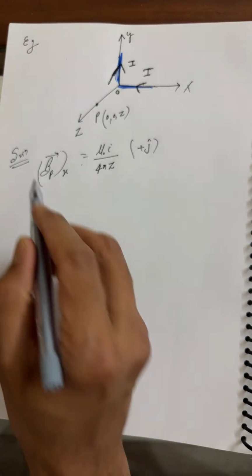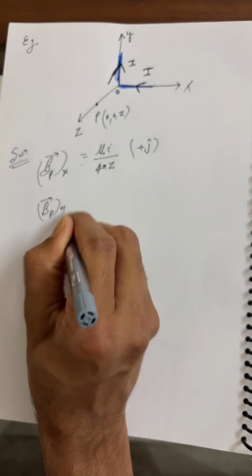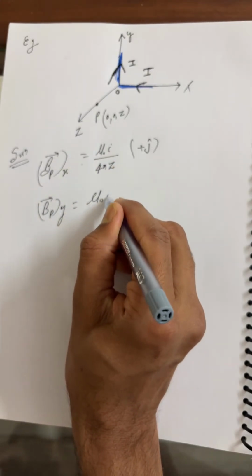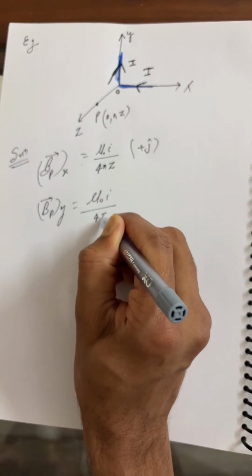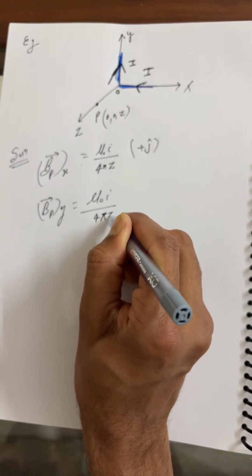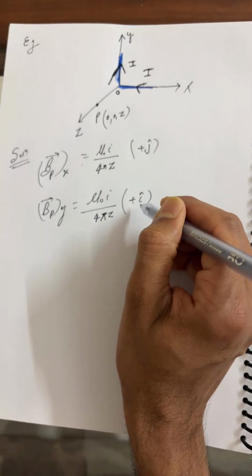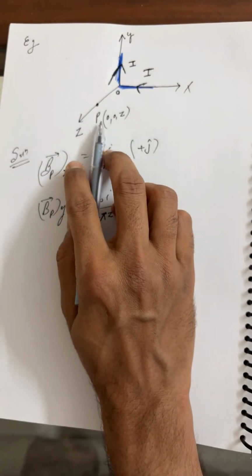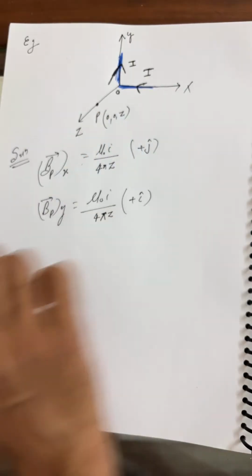So the magnetic field at point P due to the current carrying wire in the y direction is mu naught I by 4 pi z, in the plus i cap direction. We need the net magnetic field here, so you will get the field due to these two wires.